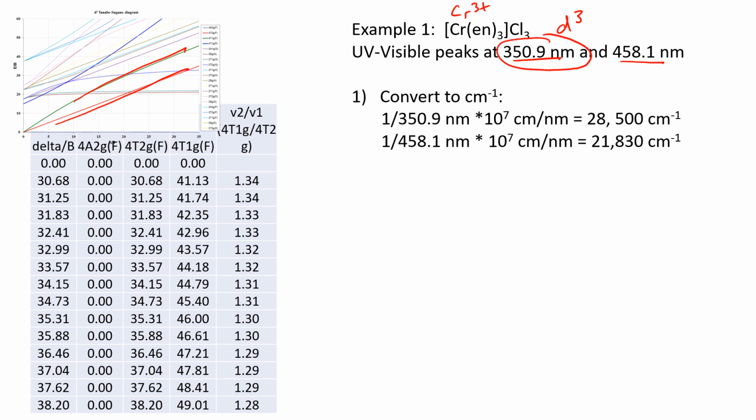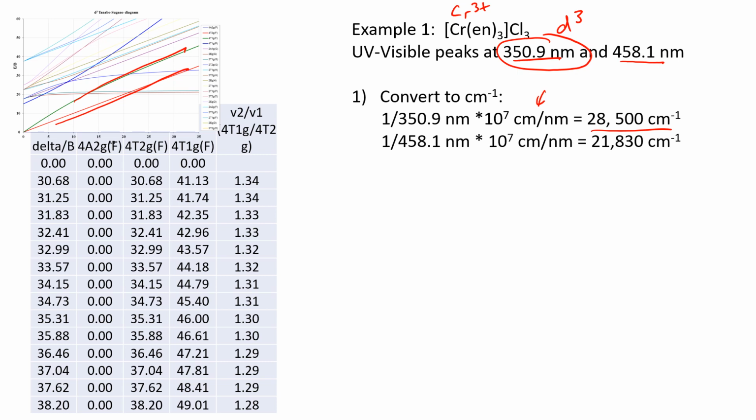So for our peak at 350 nanometers, we need to invert the length unit to get to inverse nanometers, and then convert using the appropriate conversion factor. It's basically a 10 to the 2 for the centimeters and a 10 to the 9 for the nanometers. It works out to be multiplied by 10 to the 7. This is a typical unit, around 28,000.